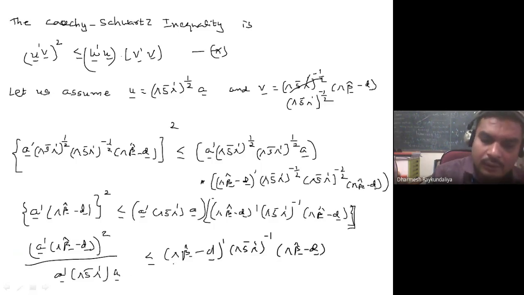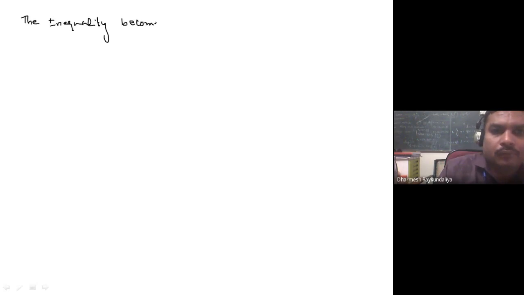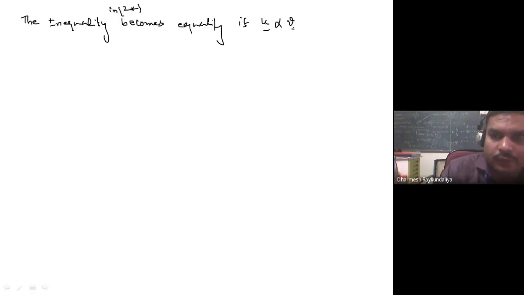But this inequality becomes an equality when u is proportional to v. So let us say the inequality in 2 star becomes equality if u is proportional to v.